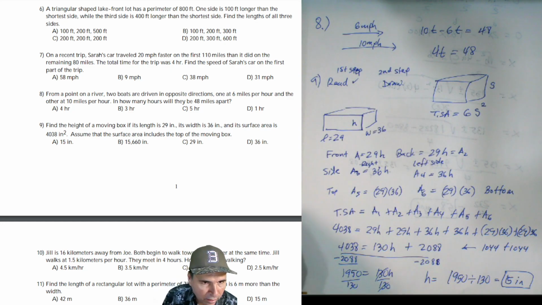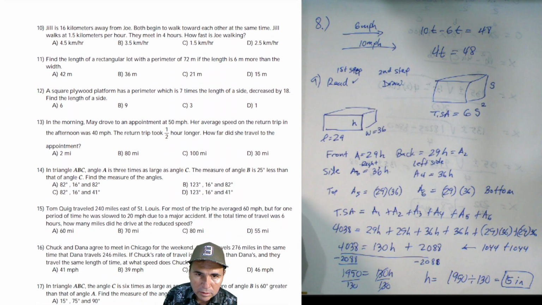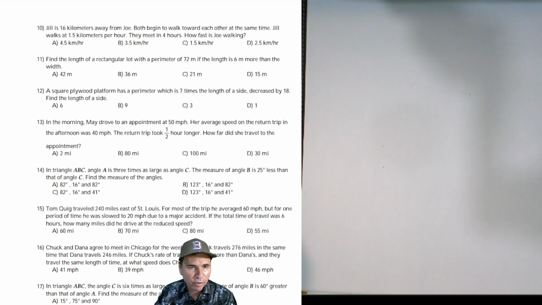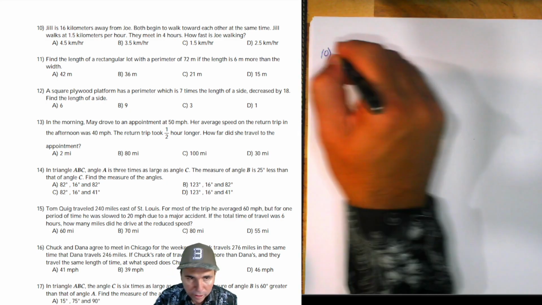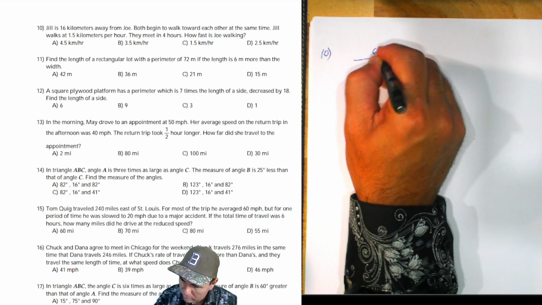Okay, number 10. Let me go over there and move this up again. So number 10 says Jill is 6 kilometers away from Joe. Okay, let's start it off. Jill is 6 kilometers from Joe.